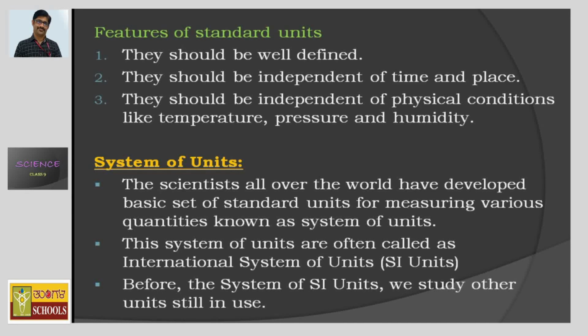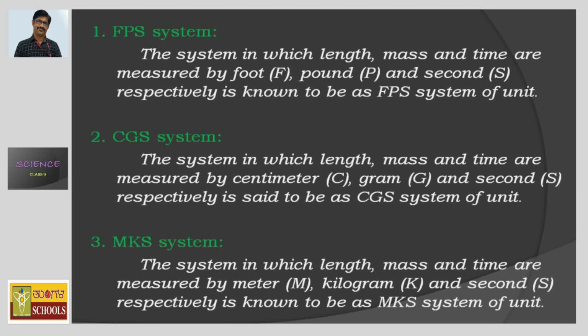Before heading into the system of SI units, we study other units that are still in use. So first will be the FPS system. FPS means F for foot, P for pound, S for second.